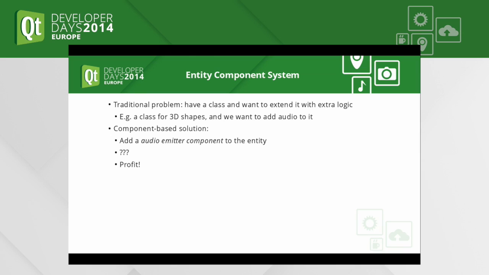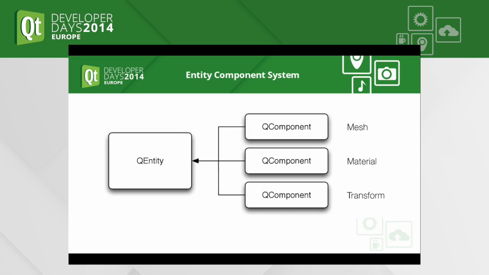And the solution, as we've already really said, is to use this component-based solution. We simply add an audio emitter component defined by our audio aspect into our entity, and we are essentially done. And we're obviously providing the rendering components in this model: mesh, material and transform. Transform is interesting because it's shared by several.